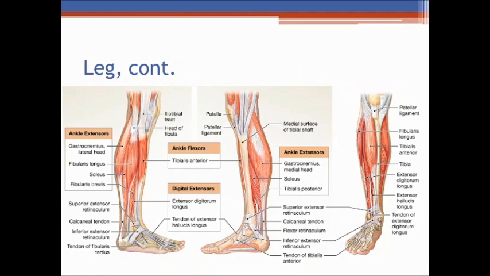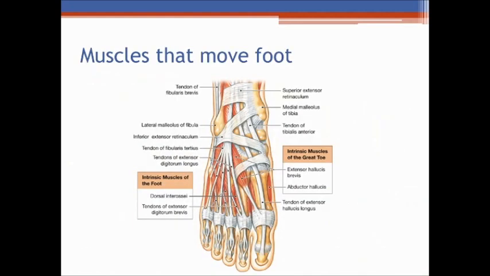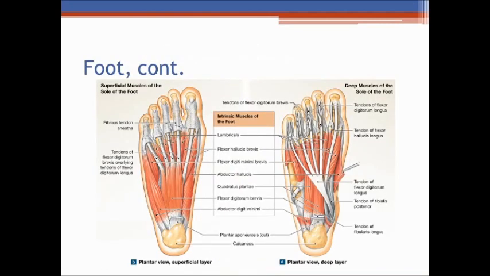And here's a deeper picture of that. And for the big toe, if there's any muscles that relate to that, it'll have hallucis in the name rather than pollicis for the thumb. And notice that the toes also have lumbricals, just like the fingers do.